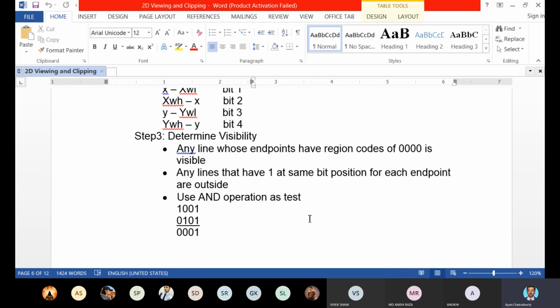It means that both the endpoints of the line lie in the central region, so the total line is within the central region and will be completely visible. So the condition is: if the region codes of both the endpoints are 0000, then the total line will be visible within the central region.